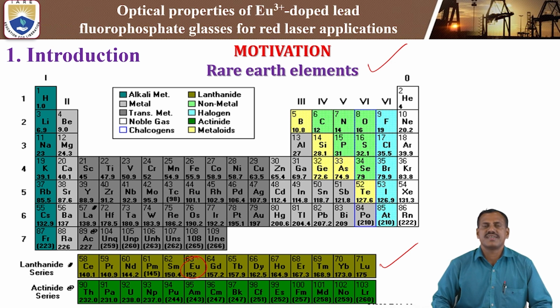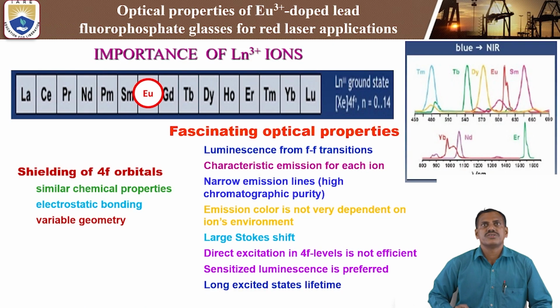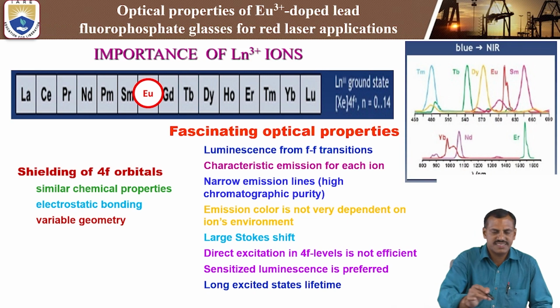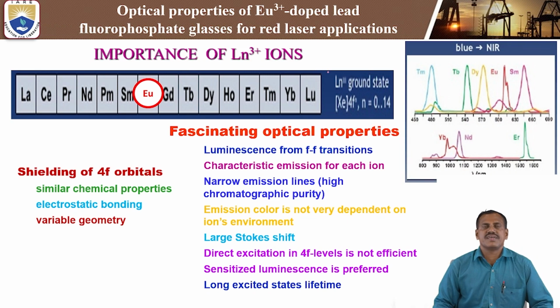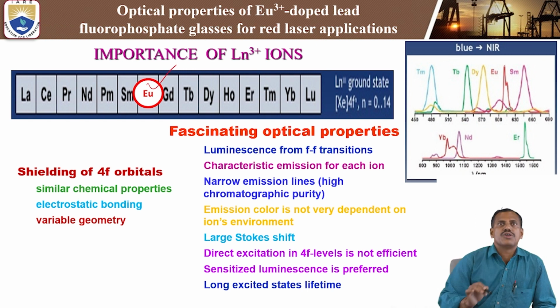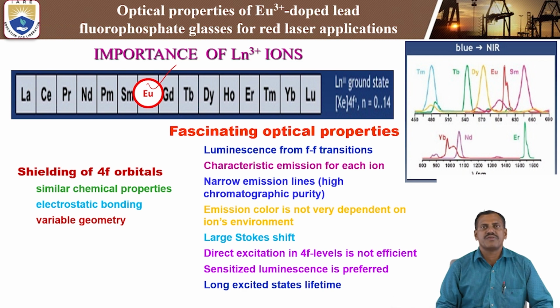This is one of the rare earth elements among the 14 lanthanide elements. So from the importance of lanthanides, see here, this is the complete 0 to 14 elements of the lanthanide ions, the rare earth elements. In that, we are going to discuss europium 3+ doped lead fluorophosphate glasses.